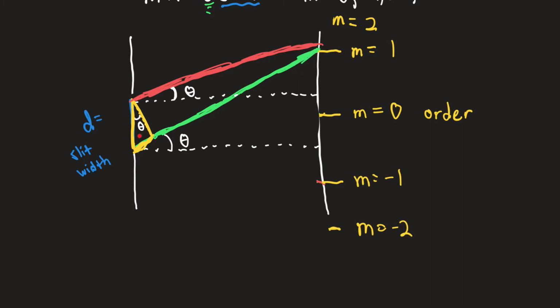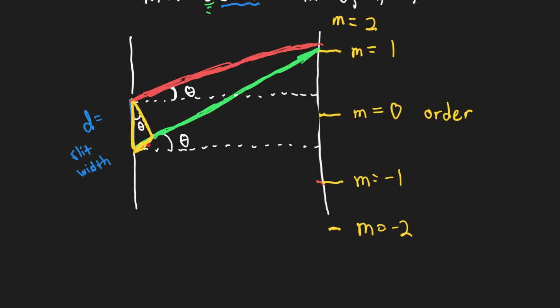It has to travel also this little piece along this little yellow right triangle. It's got to travel that little bit extra to get to the point where it's going to interfere and combine with my other wave, the red wave that's traveling from the upper slit.